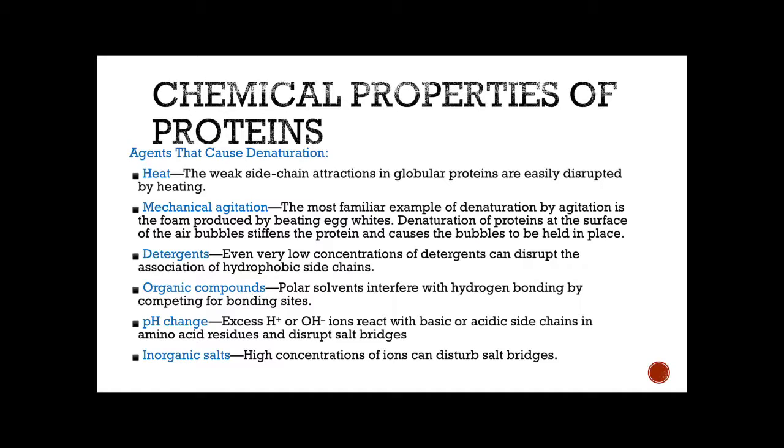So if I have something like an alcohol that's a polar solvent, it can come in and interfere with the bonding sites where the hydrogen bonding is taking place. That's why we use, for example, hand sanitizer. Hand sanitizer has alcohol in it, and so it disrupts the germs and things like that.